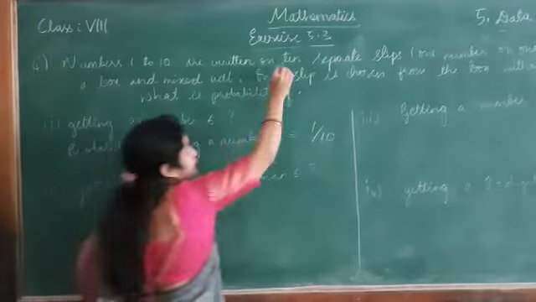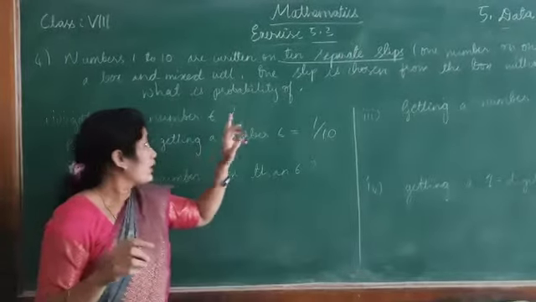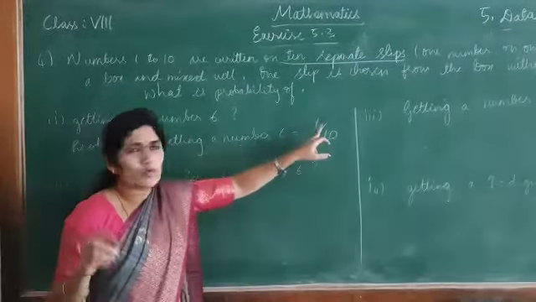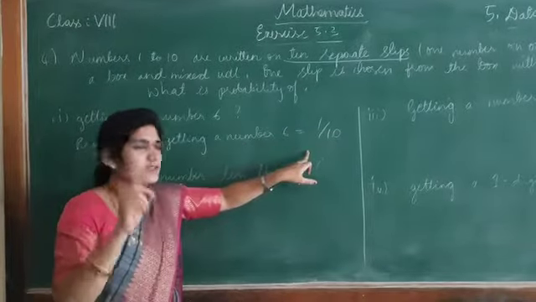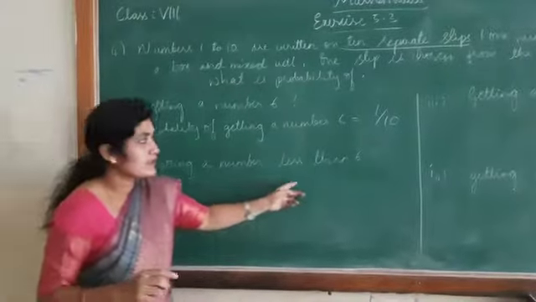So out of 10 slips, the probability of getting a number 6 is only one possibility, because only one 6 will be there. So 1 by 10.